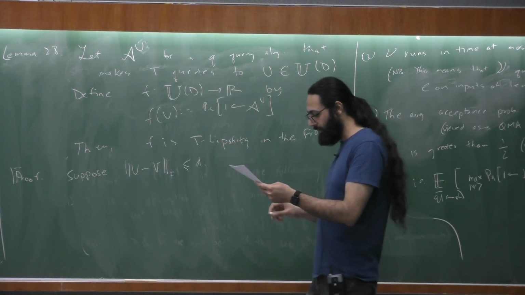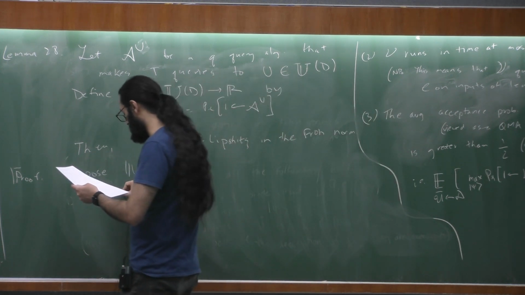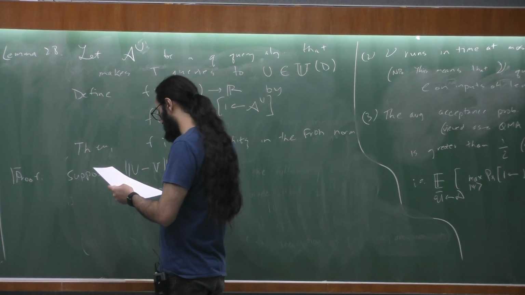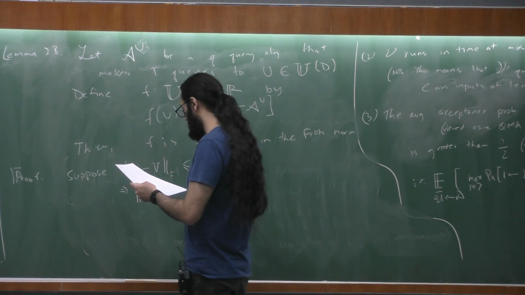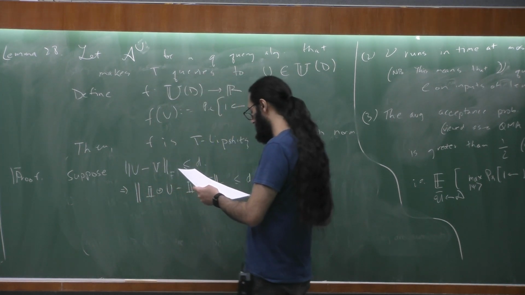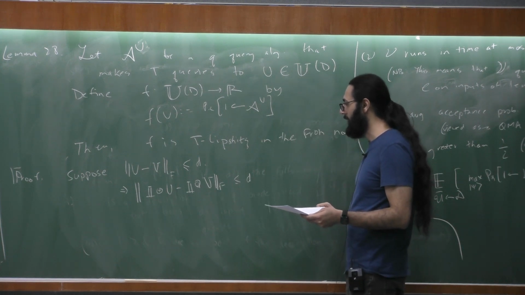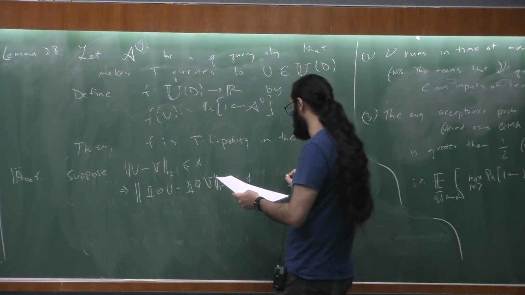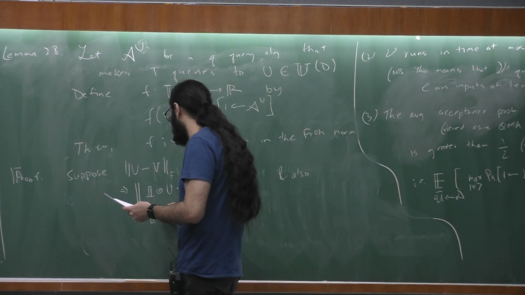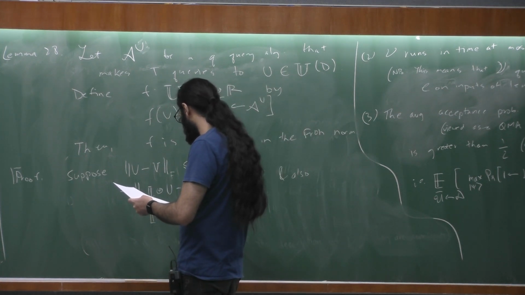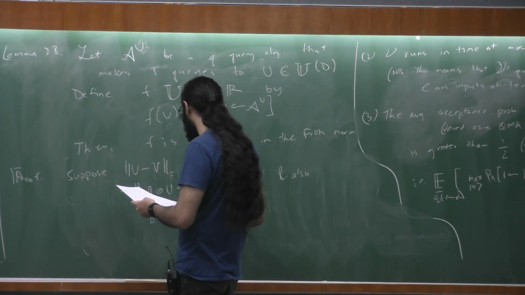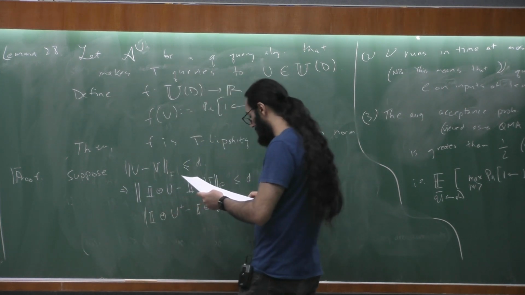This implies that if I do a direct sum, even then the Frobenius norm stays the same, and also for identity_O plus u dagger minus identity_O plus v dagger, it's also d.